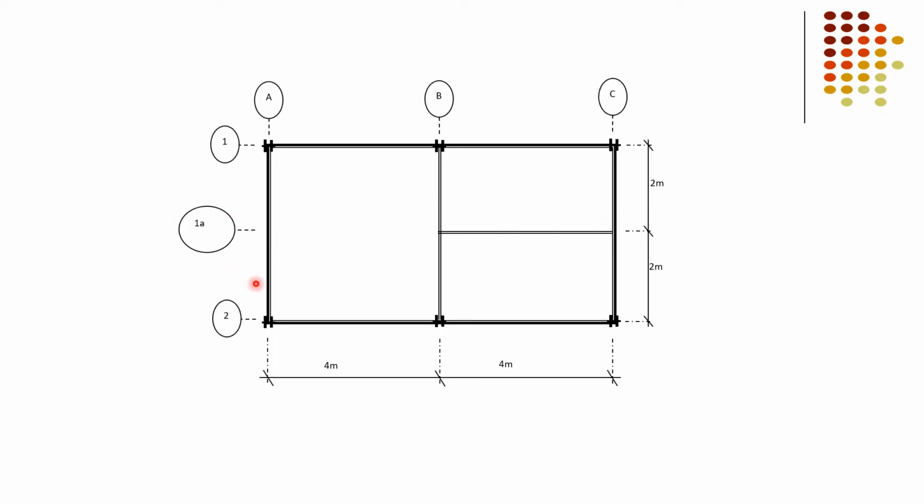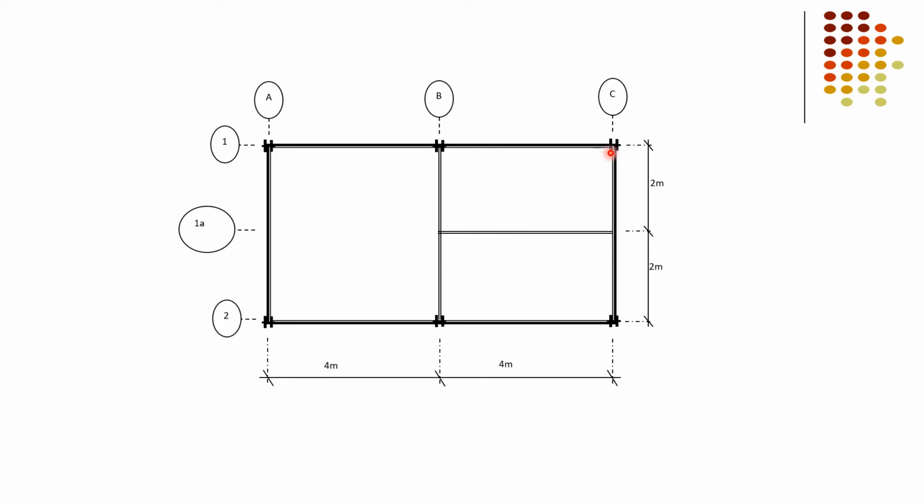Again, this is the simple plan of a building. Here you see the beams, here an interior beam, and again there is a small beam which is resting on these beams. In the slab configuration, or slab identification, we see the slab supported by elements.